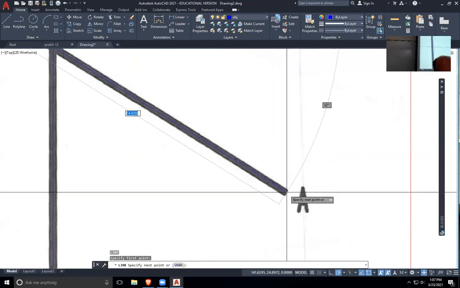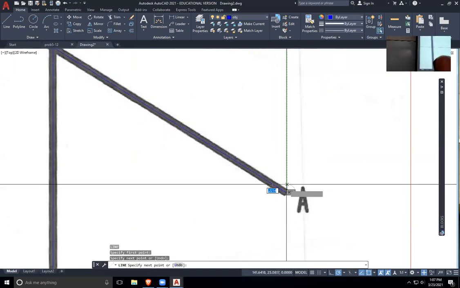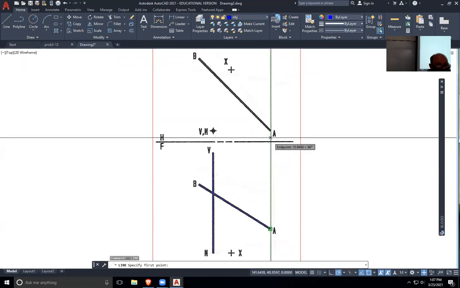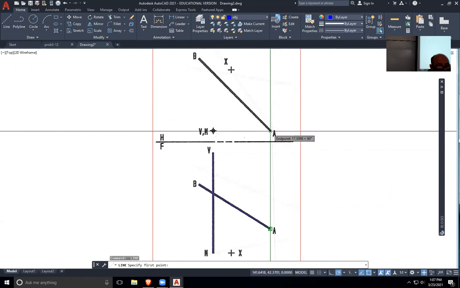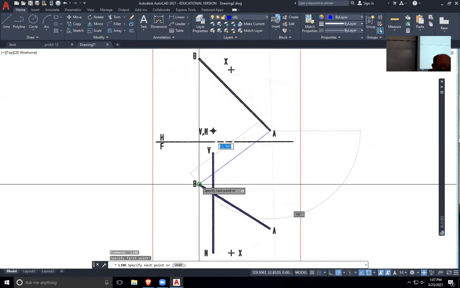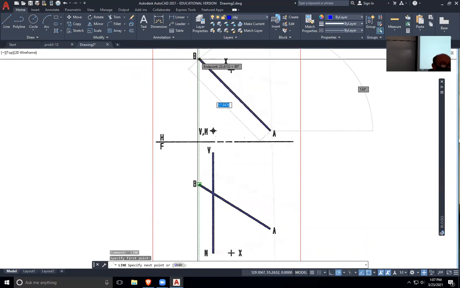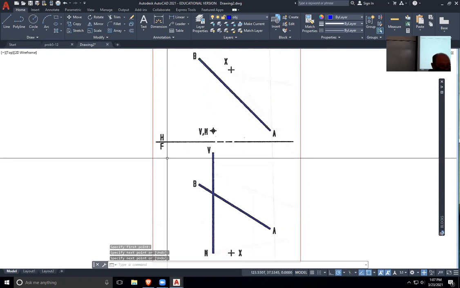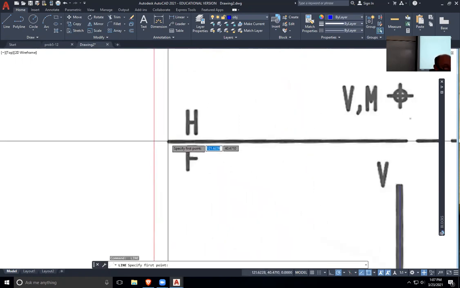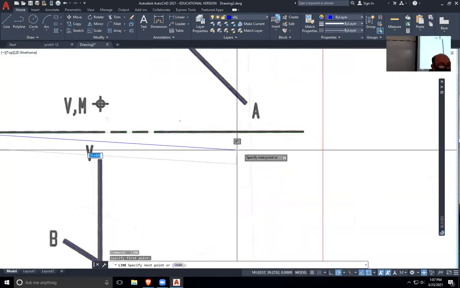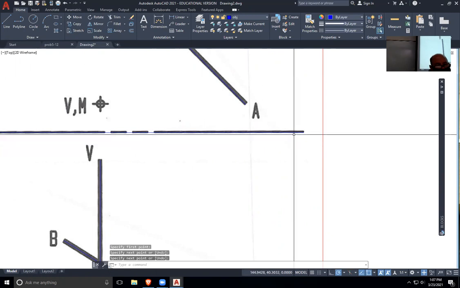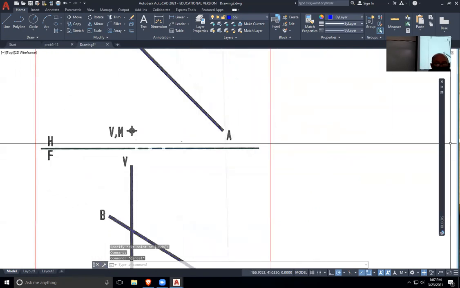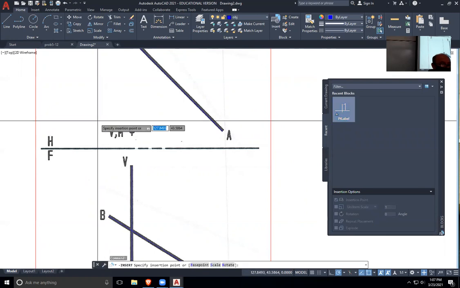Make line BA. It's the same length. Just need a horizontal line to represent our viewing line. Put a reference point.